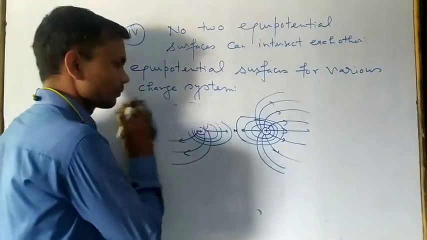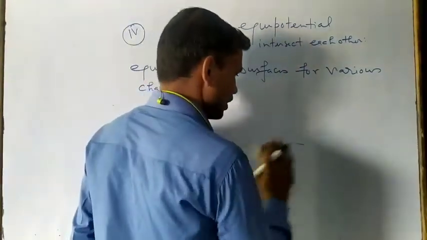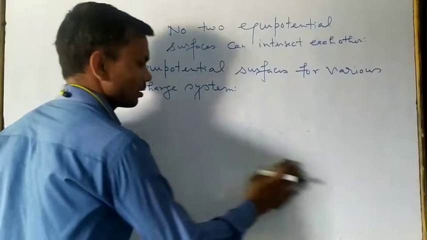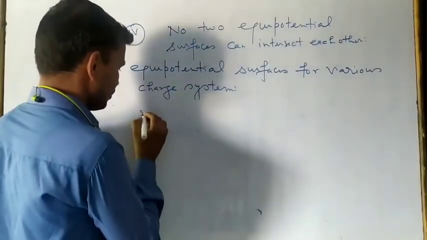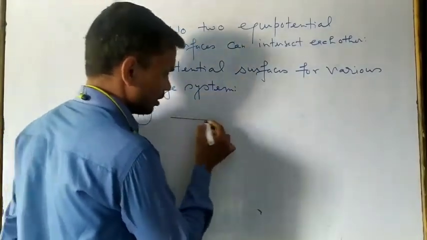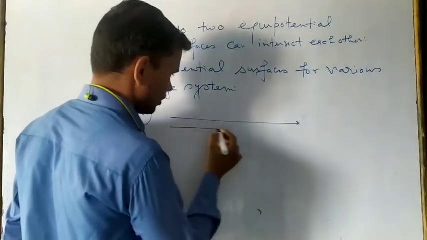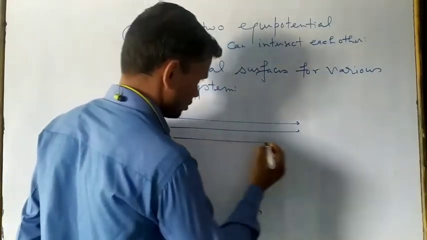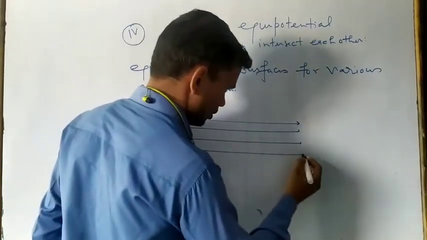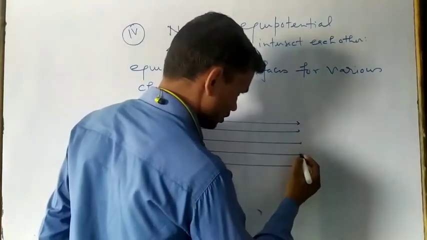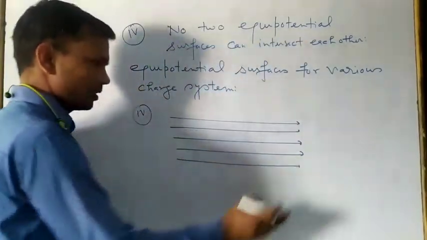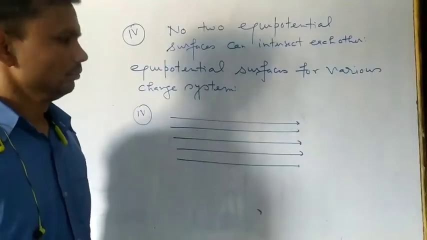Now the fourth one. Suppose we have a uniform electric field. This is the fourth one, and we have this uniform electric field. You know that in the direction of the electric field the potential decreases.